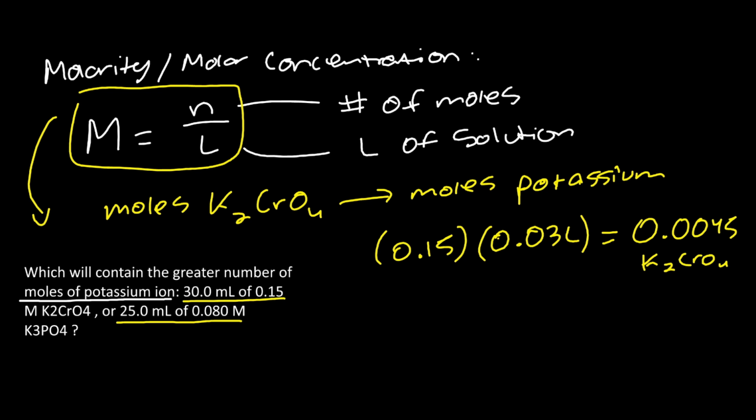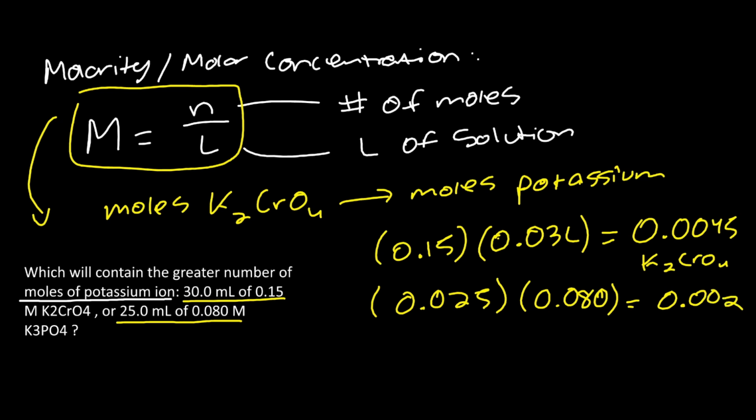We have 25 milliliters, which is 0.025 liters, times our molarity, which is 0.080. 0.025 times 0.08 gets us 0.002 moles of K3PO4.